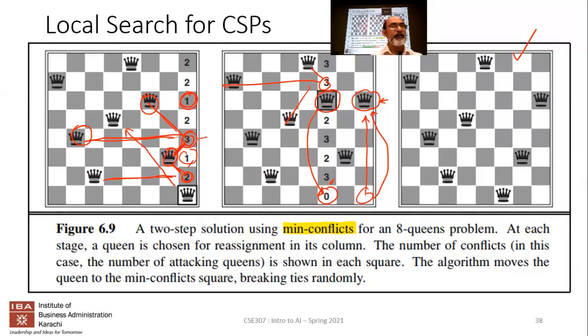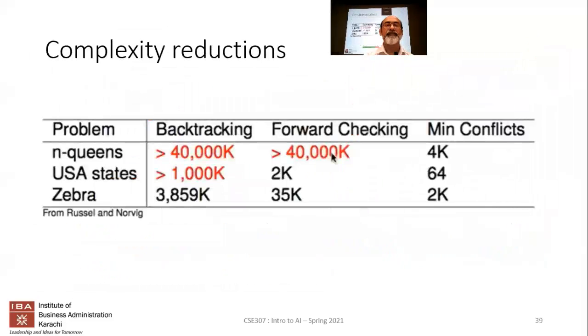Okay, and all you had to do was try an iterative technique, and use minimum conflicts as an optimization criterion. Okay, so basically, if you look at different examples, and this is an example from Russell and Norvig, it says that if you use n queens and if you use backtracking, and I think n in this case is not 8, it's a bit larger, I forget what it was.